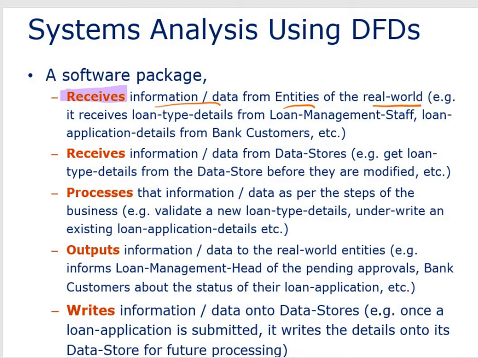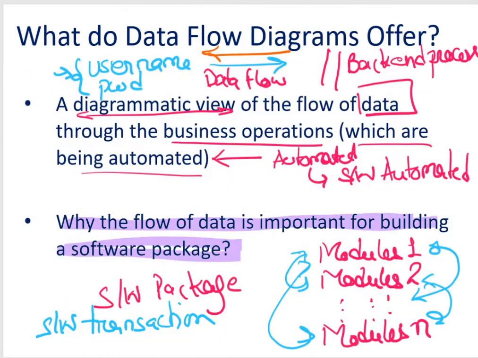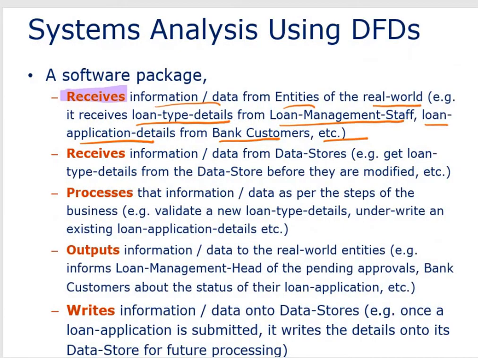For example, it receives loan type details from your loan management staff and loan application details from bank customers and so on and so forth. Just like in your Amazon example, we were getting some username and password. That was the very first basic step. Then your software package receives some information or data from the data stores. For example, get loan type details from the data store before they are modified.